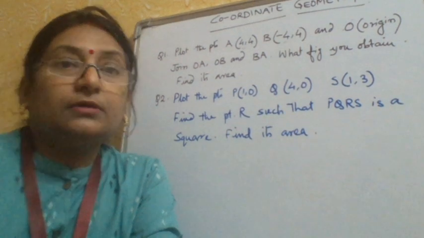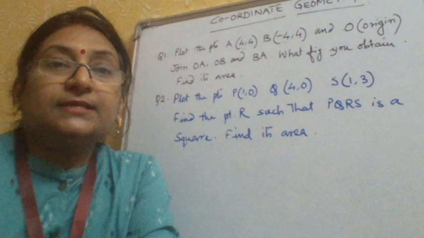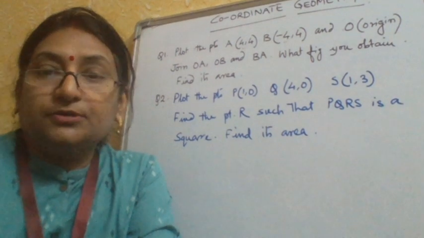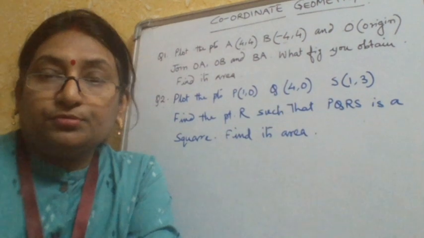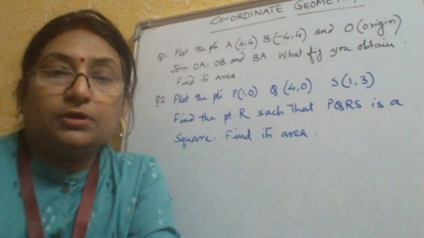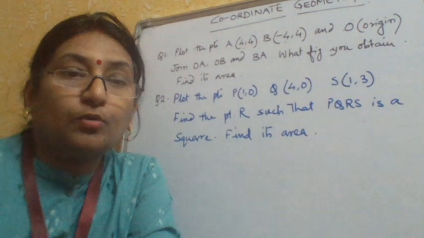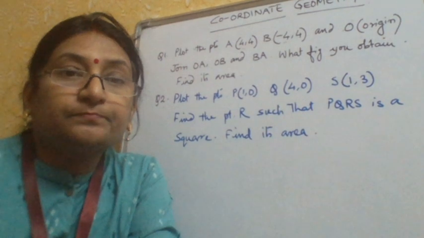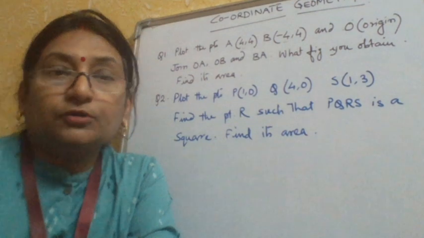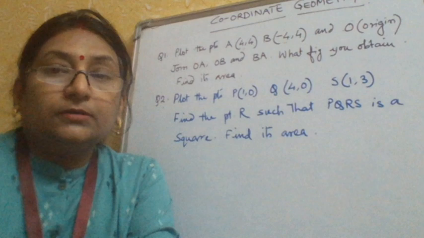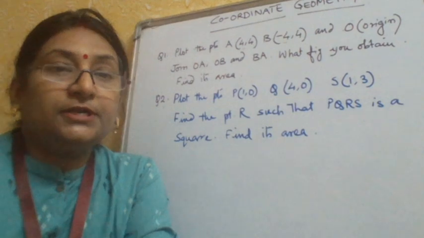So see, now everything will be clear. I will place the graph sheet on the screen and I will locate these points and then it will be clear to you. So you don't need to look for the board now. I think at least you are able to write down the points. First point is 4 and 4 I have given.